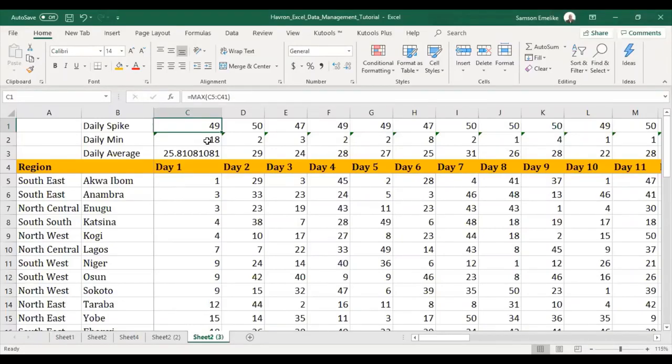In statistics, when we talk about mode, I think we are talking about how many times a number is occurring. Please, can someone unmute and remind me of that? Mode is the number of times a number or a thing is occurring in a series.